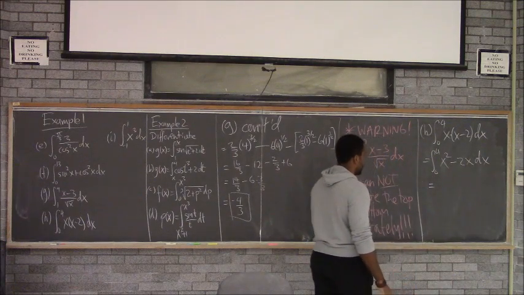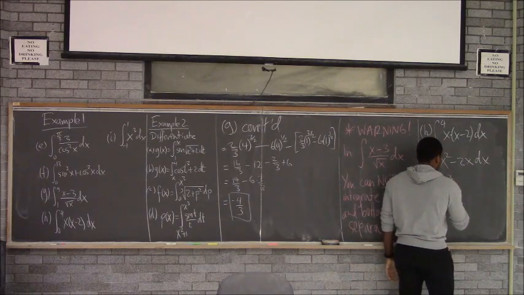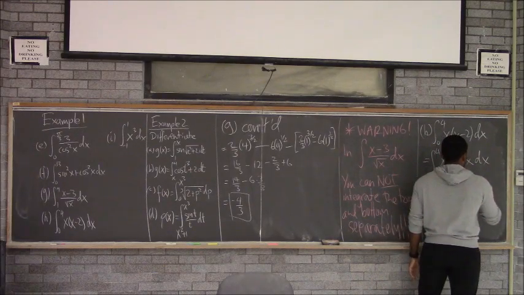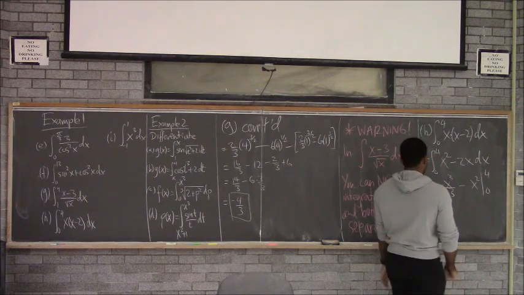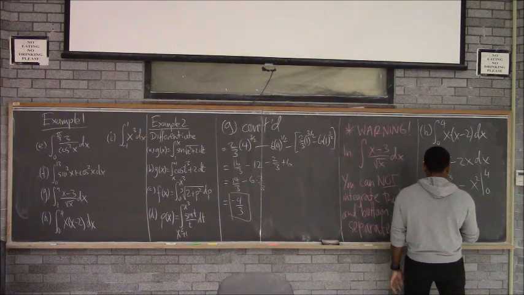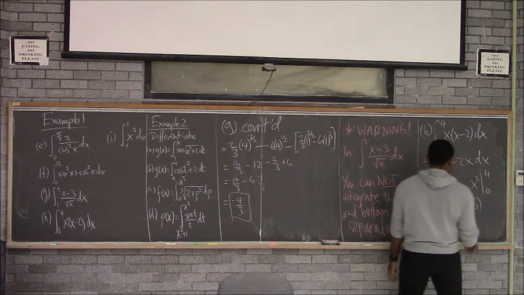Now you can apply the rule. This looks like the power rule. It's an x to the n. X cubed over 3, and this would be x squared. And you plug in the 4: 4 cubed over 3 minus 4 squared. Minus, you plug in 0, that one's going to just be 0.